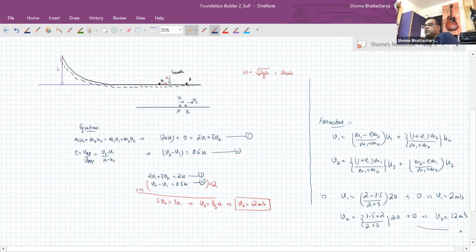This is also showing you that the separation velocity has become 10 meters per second, which is correct. And the momentum, 40 kg meter per second, is also correct because the initial momentum was that much.